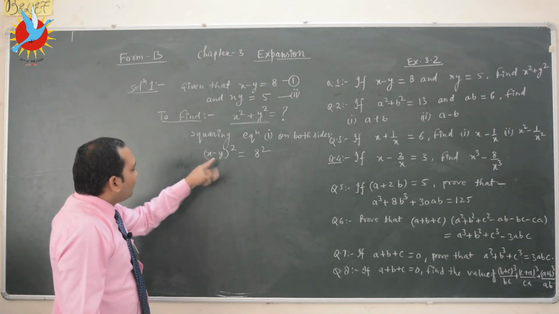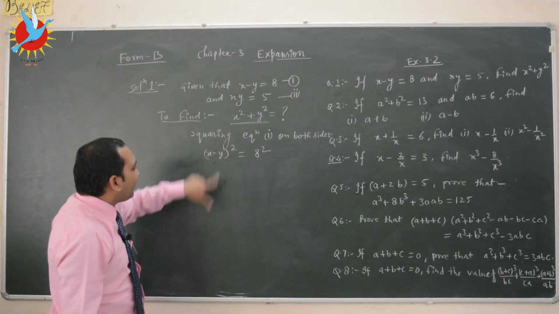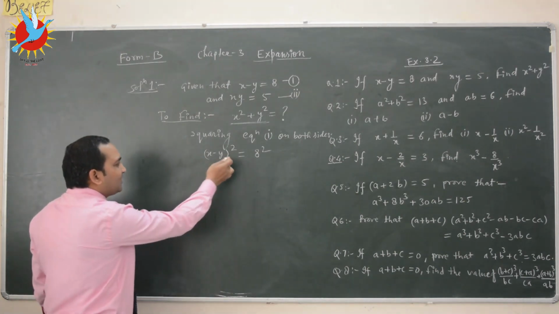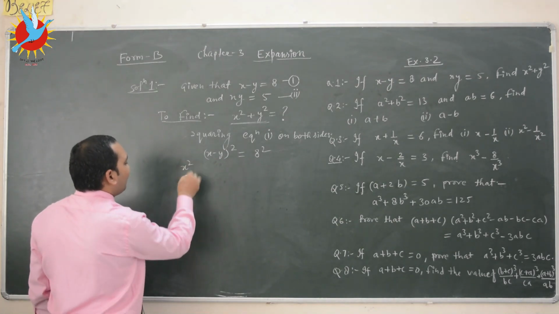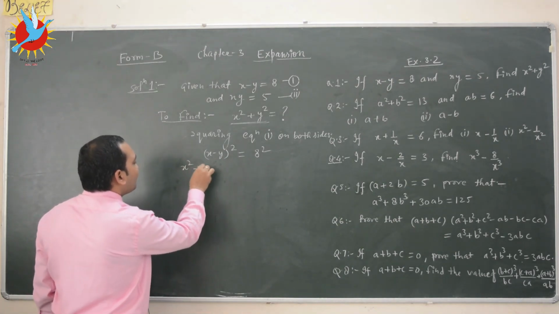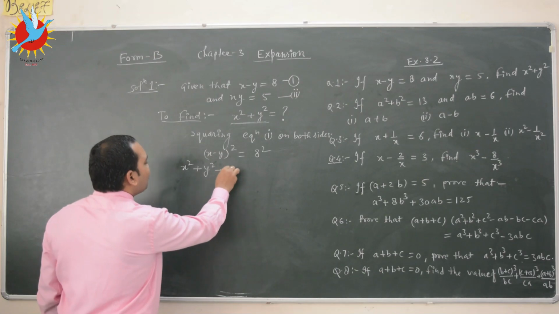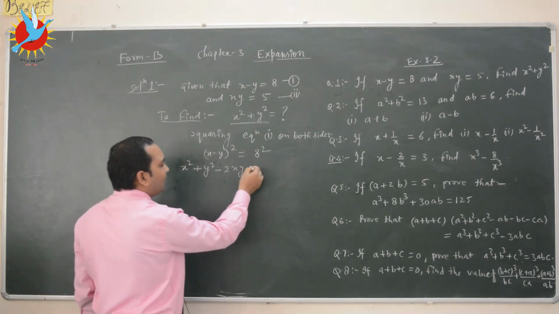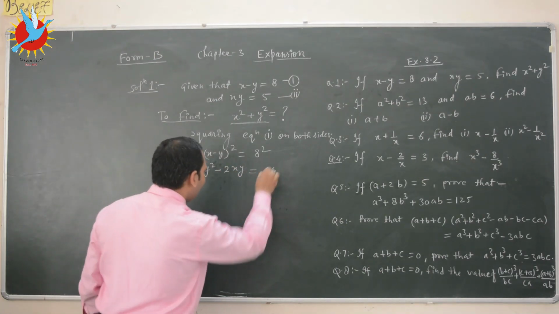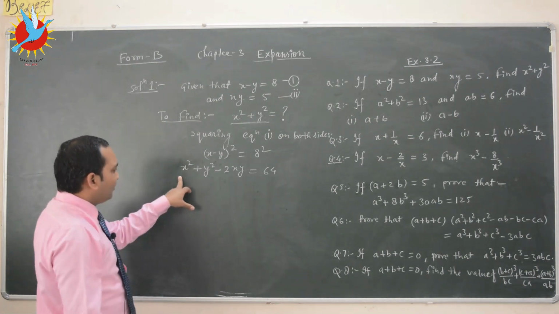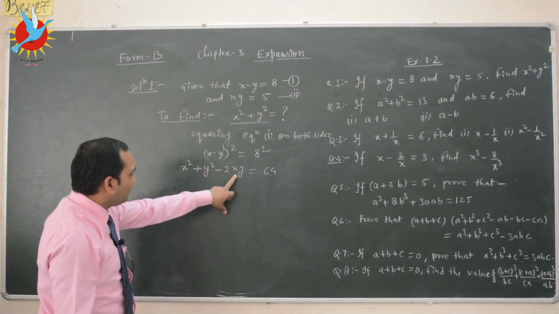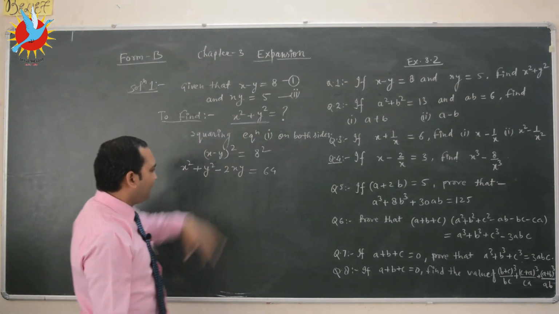Now what is the formula of x minus y whole square? It means a minus b whole square. x square plus y square minus 2xy is equal to 64. Here the value of xy is given, which is equal to 5.